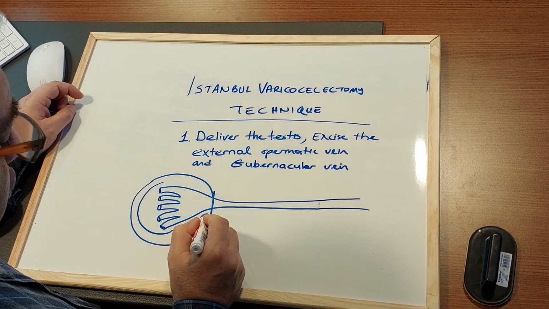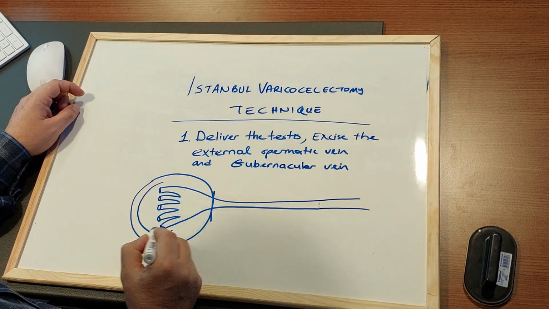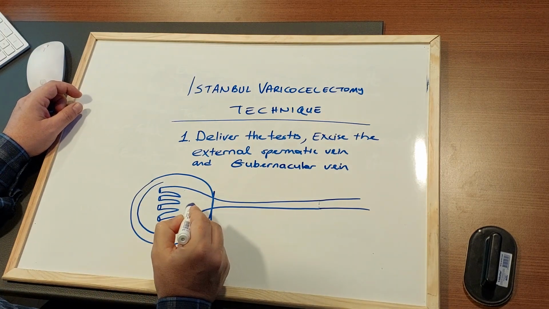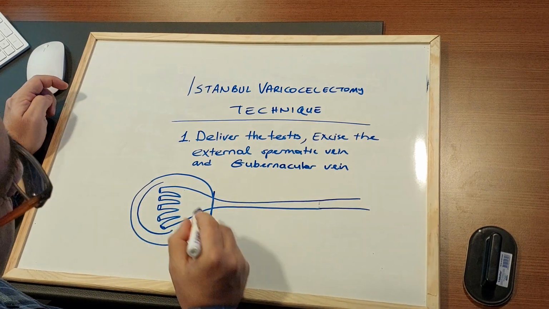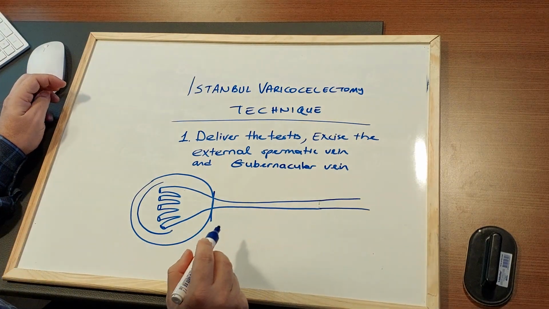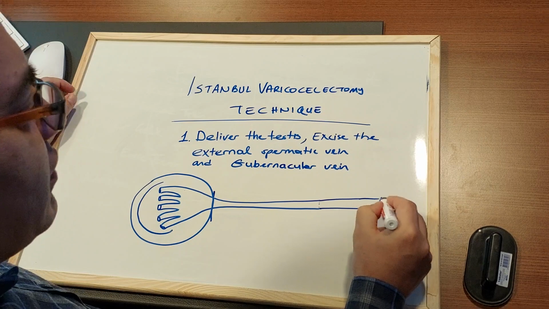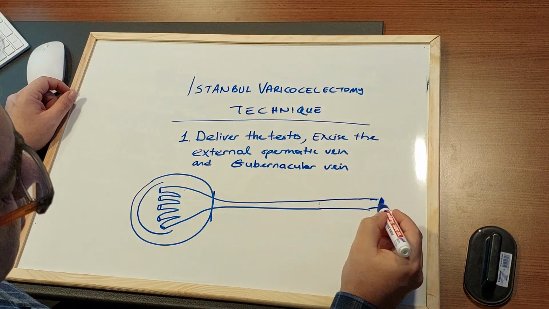So even after the operation, the patients can feel some of the branches near the testicle, but we are leaving only that part for self-disappearing, not all this long part, and the success rate is very high compared to the conventional ligation of this vein, hoping it will disappear by itself.